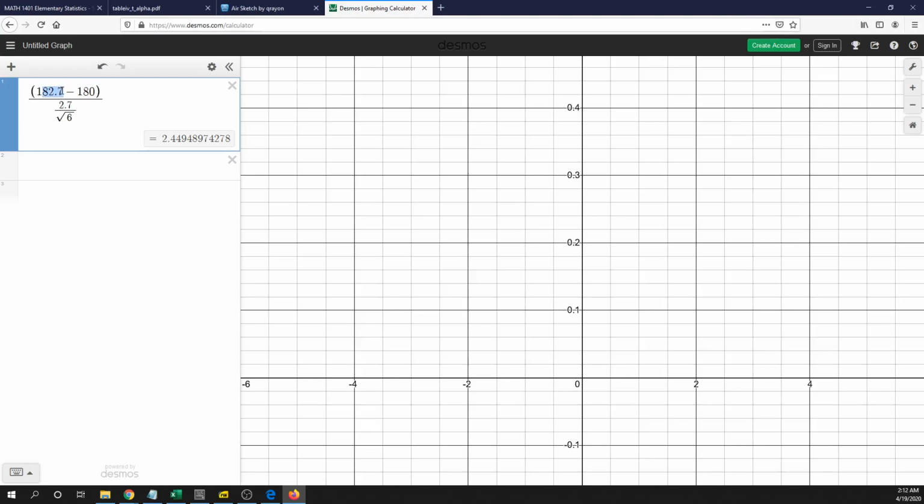So 1922.76 minus 1736, divided by 350.90 divided by square root of 25. And that comes out to be 2.66. Let me write that down.